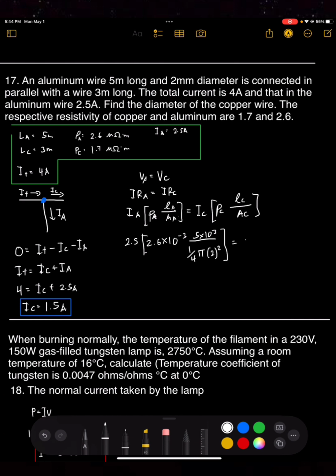So IC is 1.5, our resistivity is 1.7 times 10 negative 3, then 3 times 10 raised to 3 over the area 1/4 pi times the missing diameter 2. Now we have the answer 0.970 mm.